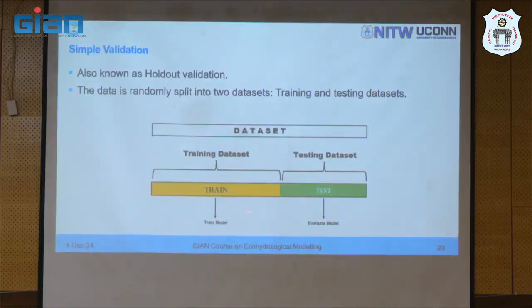You make sure that whatever data set you are taking for calibration, similar characteristics are there in your validation data set. That is, let's say your precipitation, what is your average precipitation, maximum precipitation, mean precipitation, standard deviation, all of them are similar for both. Then your calibration and validation will be good.